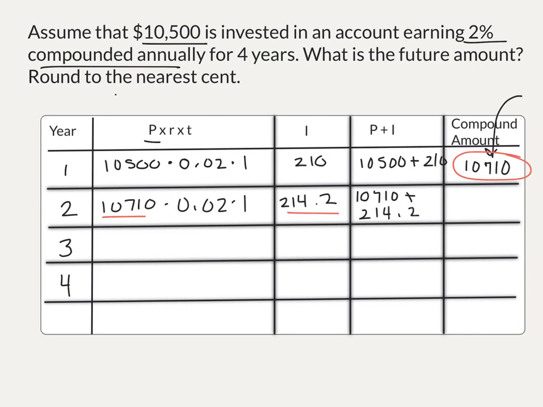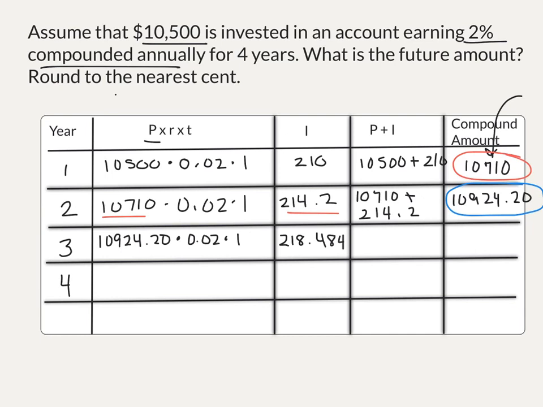And when I add those two values together, we get $10,924.20. And this value will now be my new principal for year 3.